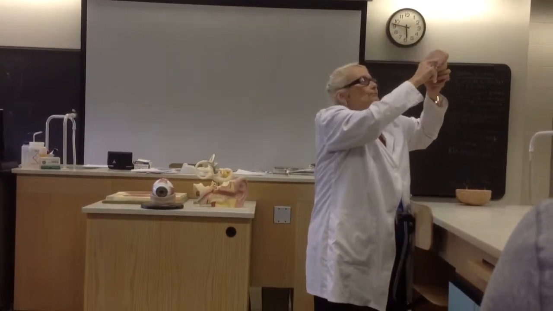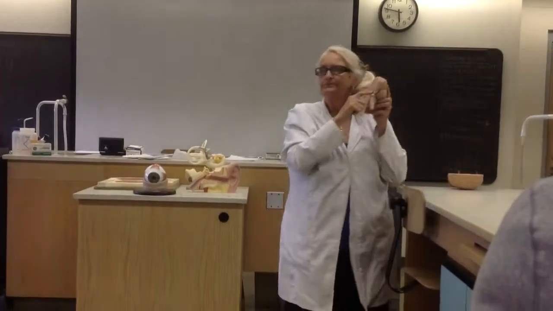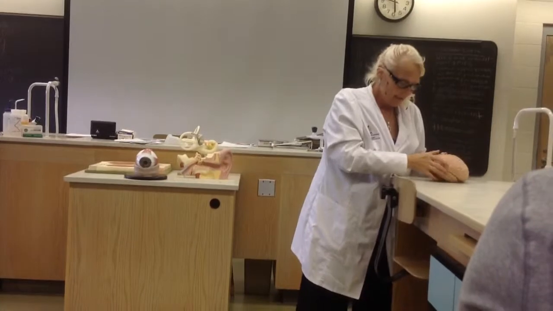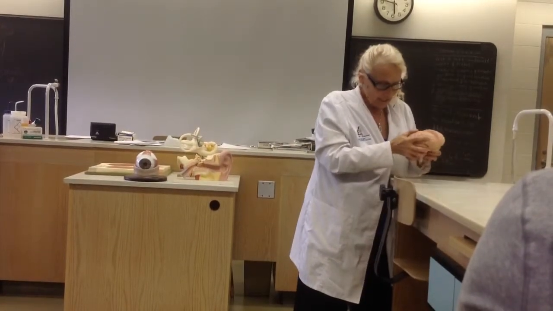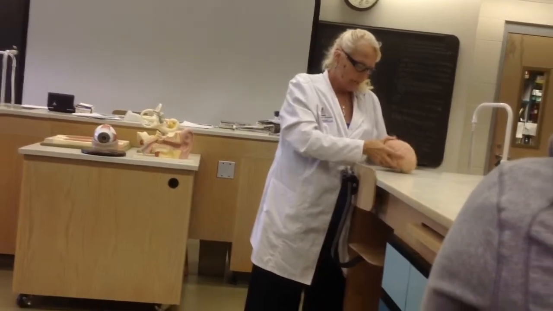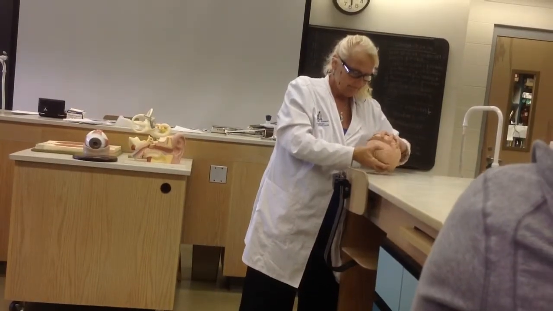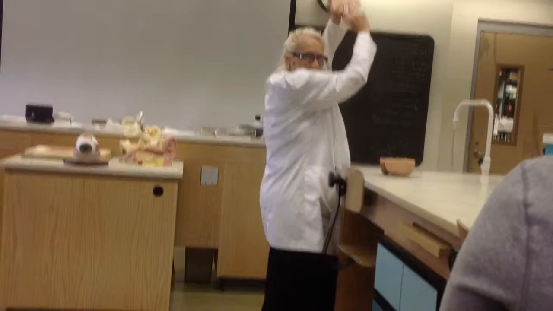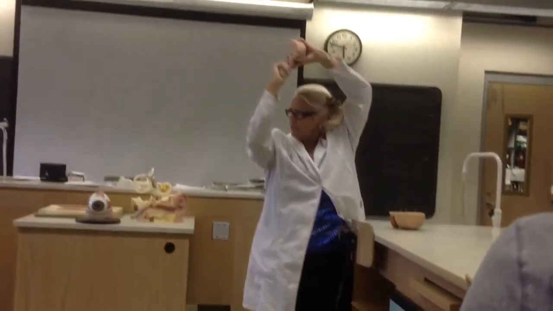Third ventricle is encircled by the what? The thalamus. Yes, the thalamus. And the fourth ventricle is right here. Fourth ventricle.